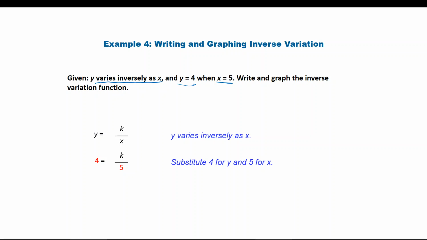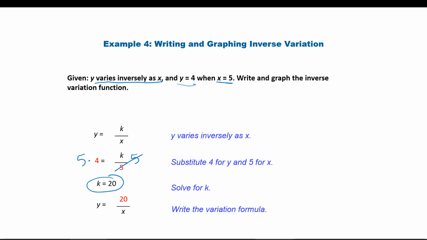So we substitute y and x in, 4 and 5, and then solve for k. And when we do that, we see that k equals 20. So we just multiply both sides by 5, and that leaves k by itself. Next is to just write the variation formula, and we just say y equals 20 over x, because we knew that k equals 20, and so here is our variation formula.